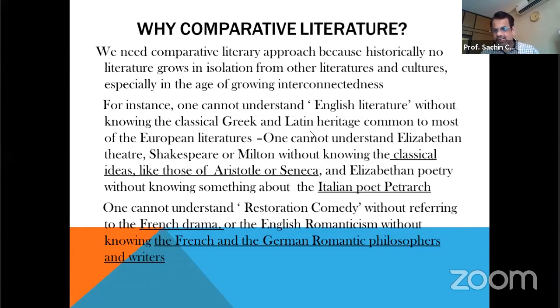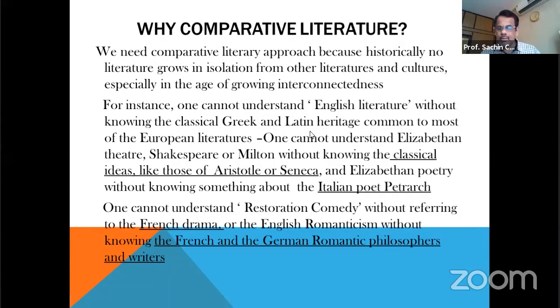Let's look at English literature, something that most of us have grown up reading and studying. We started out as students of English literature, but we cannot understand English literature without knowing the Greek and Latin heritage common to most of European literature. And so most of the time when we started studying English literary criticism, we started out with Plato and Aristotle, who are Greeks.